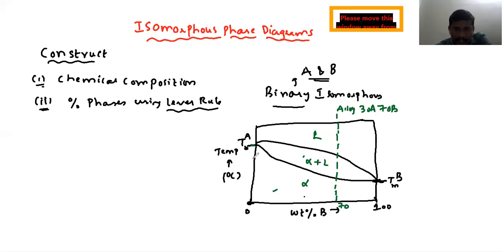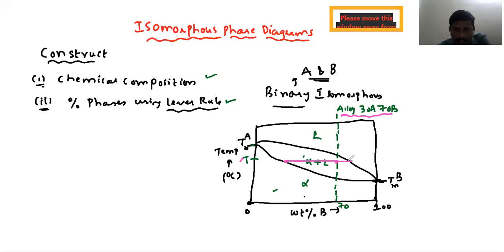At any temperature, to find the chemical composition of phases and the percentage of phases, I will draw a horizontal line at the considered alloy point, like this. From the considered alloy point at this temperature, I have drawn a horizontal line.